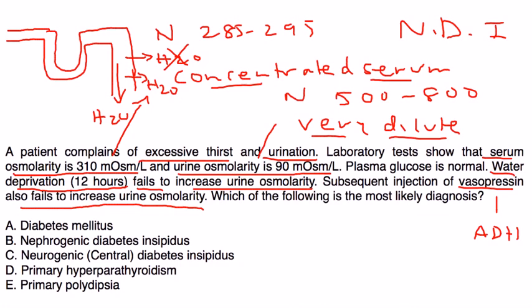Now, it would work in central diabetes insipidus, because in central diabetes insipidus, the kidney does respond to the ADH. It's just the pituitary doesn't release adequate amounts. So if you give exogenous ADH, it will be fine. But in nephrogenic diabetes insipidus, even if you give the person ADH as an injection, the kidney is still unresponsive. So that's why it would not respond, and therefore the answer is B.